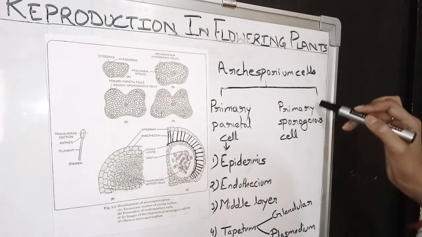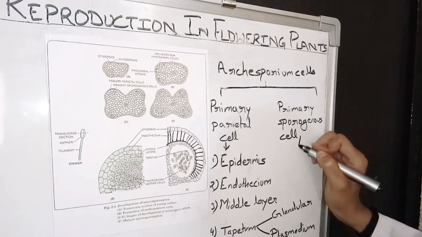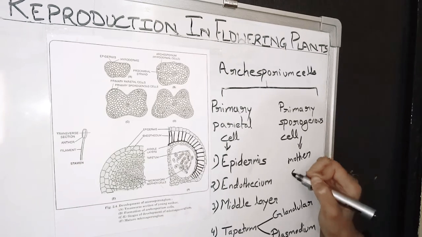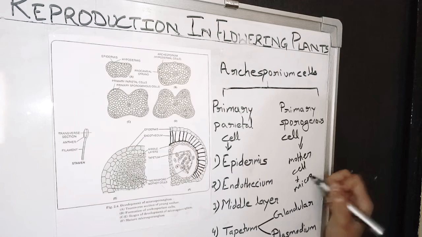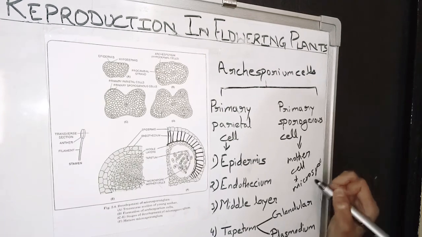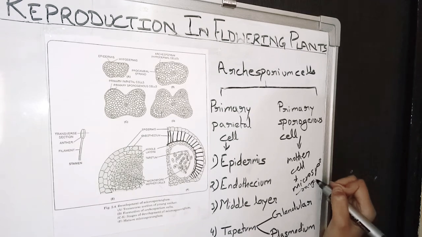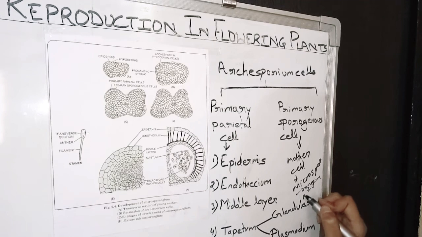And the primary sporogenous cell gives rise to the mother cell, which later forms the microsporangium, and the microsporangium gives rise to pollen grains.